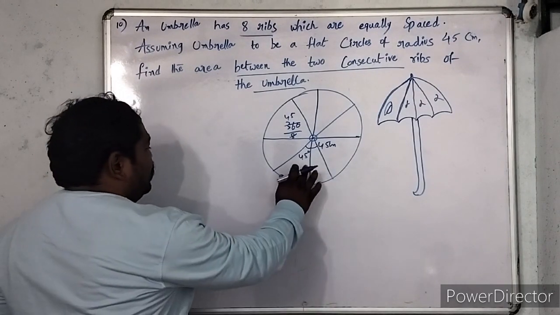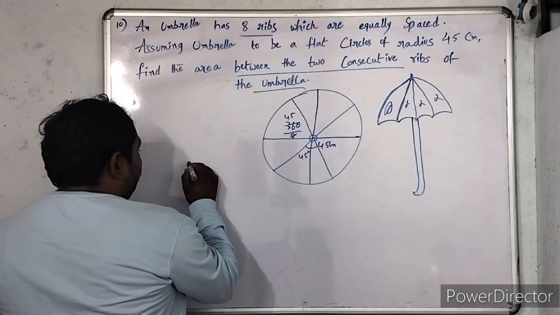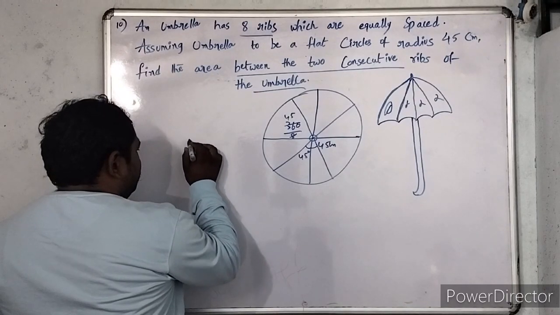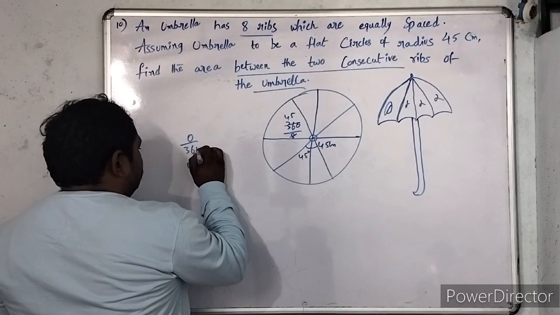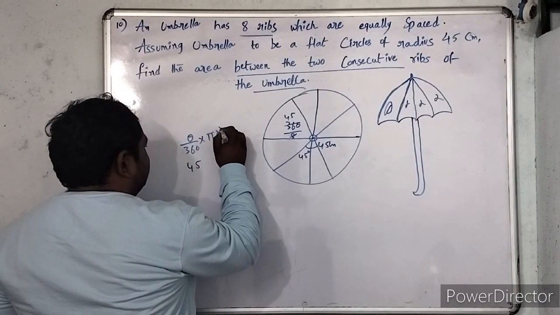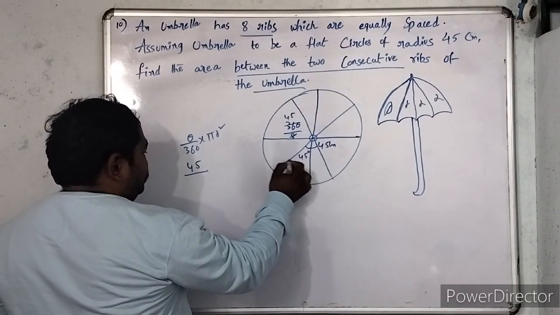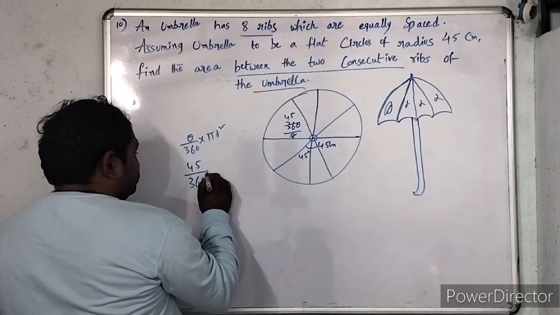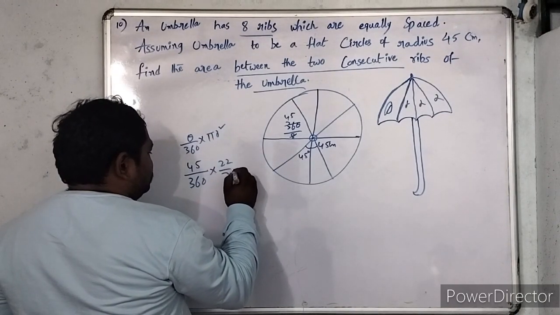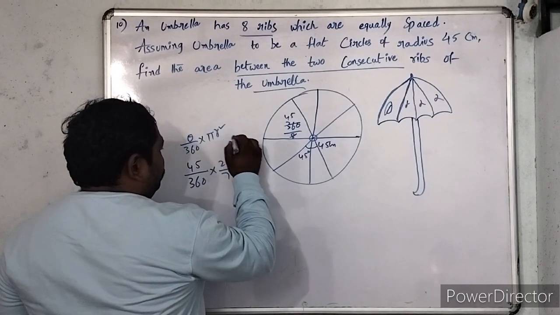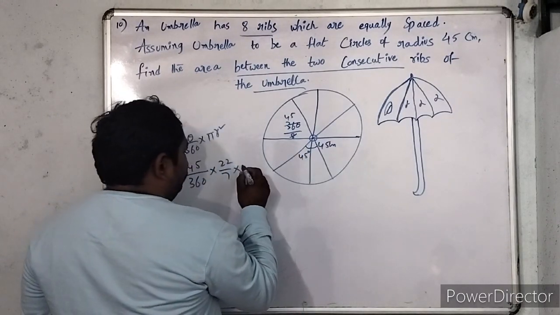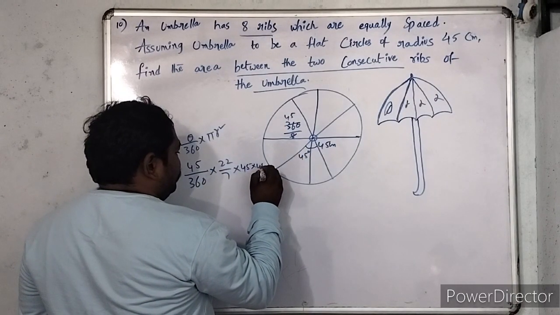Now we have the formula to calculate the area of each sector: theta by 360 into pi r square. What is theta here? 45 degrees by 360 into pi, which stands for 22/7. What is the radius of the umbrella? 45 into 45.